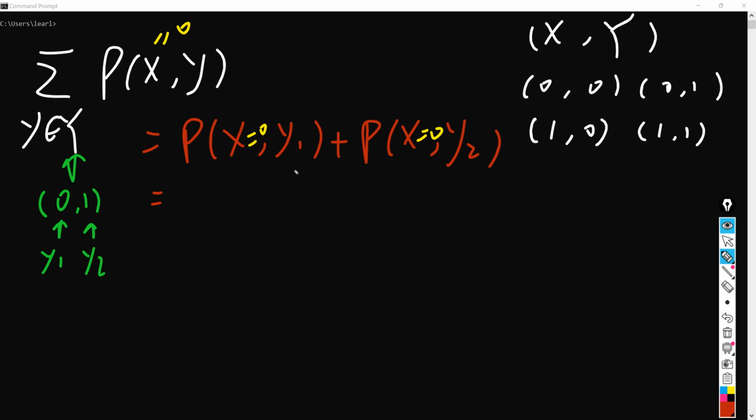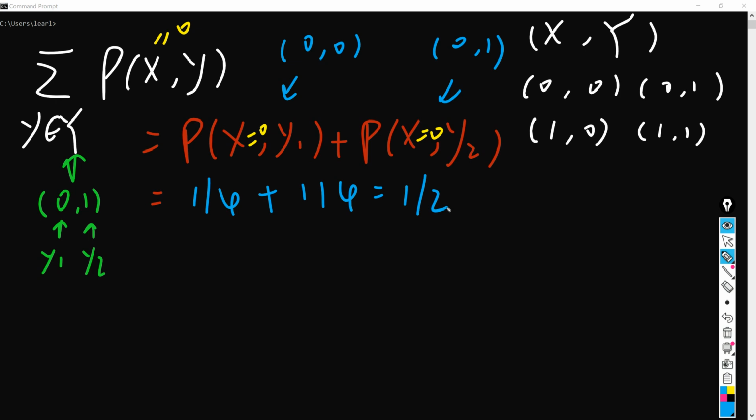There are actually four cases here. Sorry, one case is here, that is 0,0, and here is just 0,1. So actually it's 1/4 plus 1/4 equals 1/2. And what we can derive from this equation is that it just equals p(x = 0).